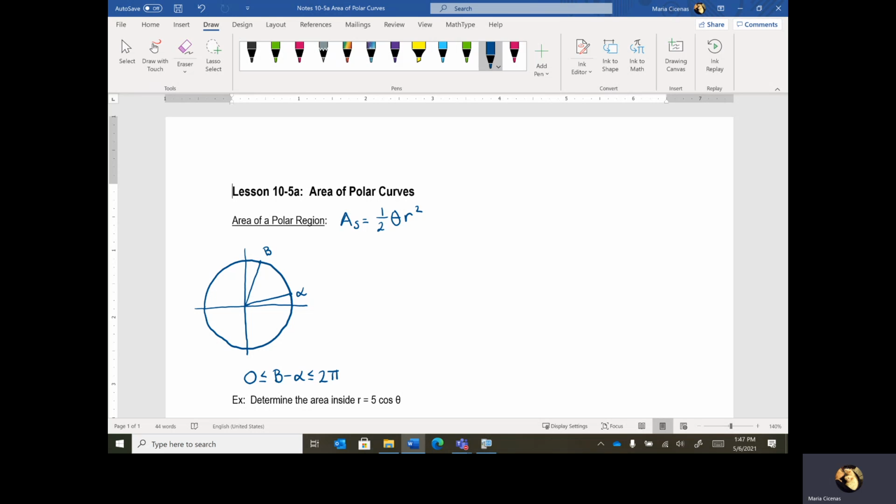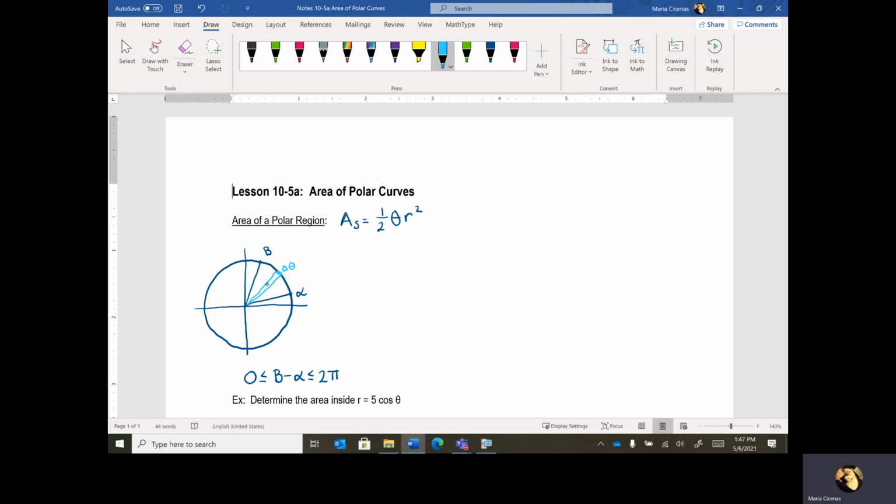So just like we started with a lot of little rectangles, to pull this off, we would look at a lot of little sectors inside of this region, with this being kind of like our steps or our width. So the width of that sector, I would call it the change in theta.